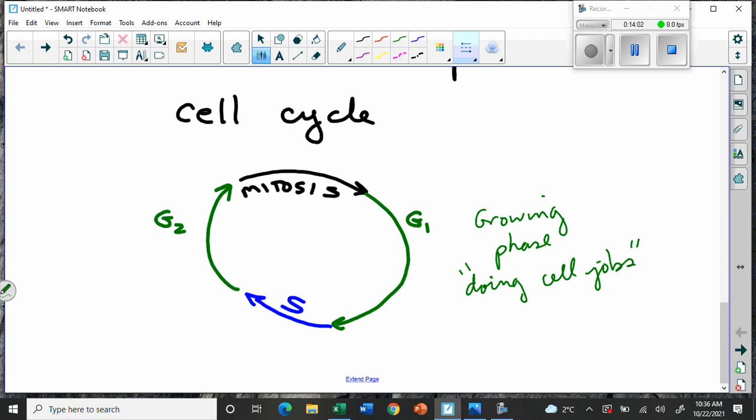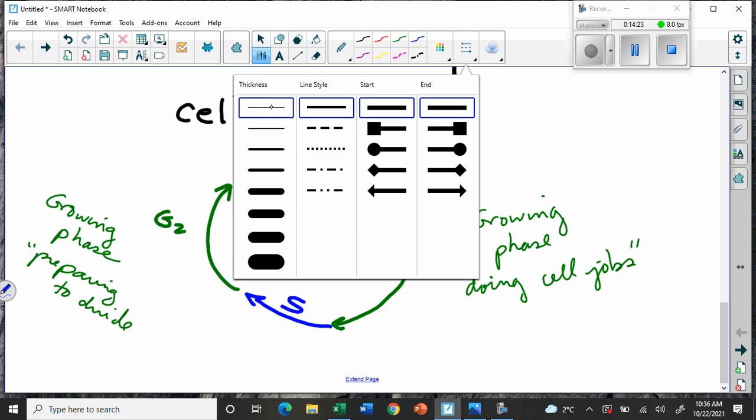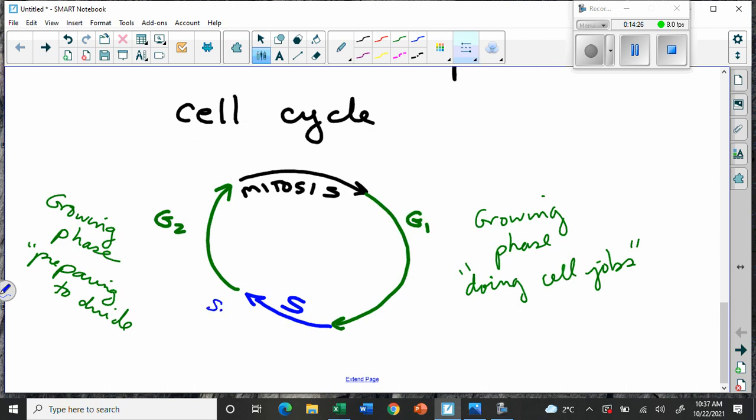And then on the other side, we have another growing phase where the cell continues to grow to its full size, but it's also preparing to divide towards the end. And then in the blue phase, the synthesis phase, I'm going to write that under here, synthesis.